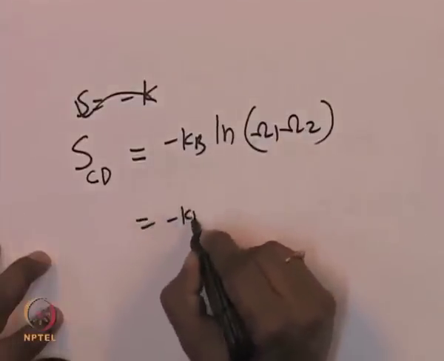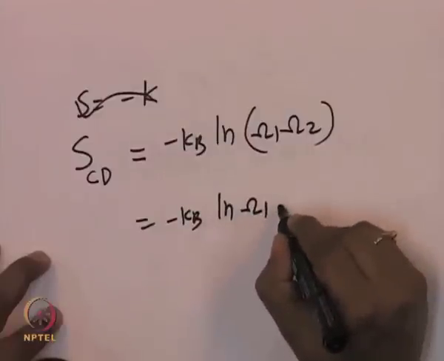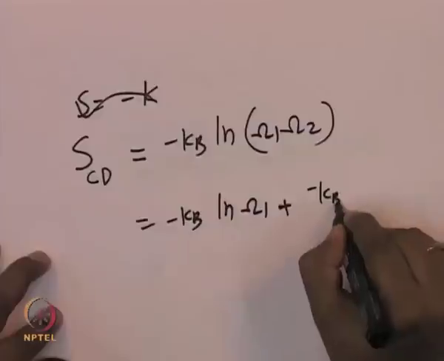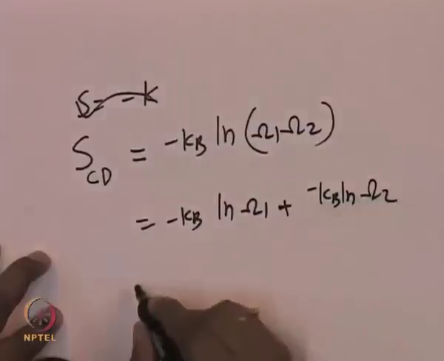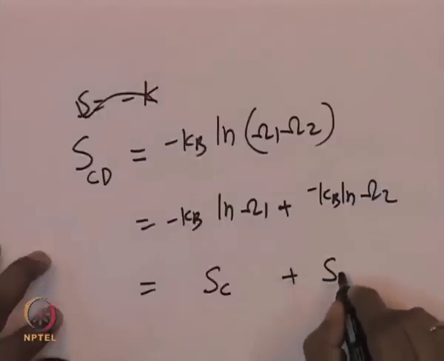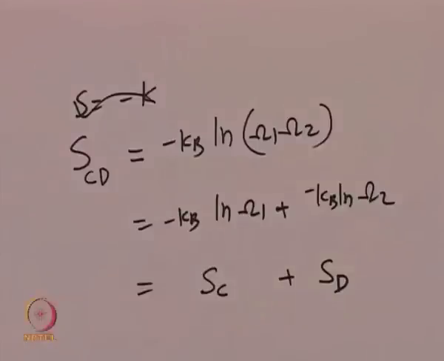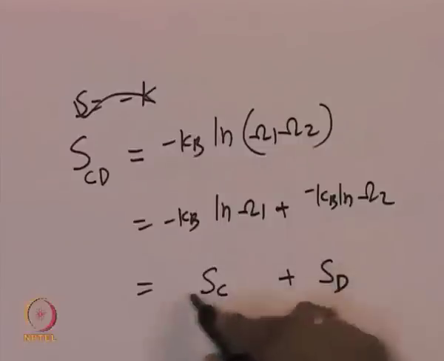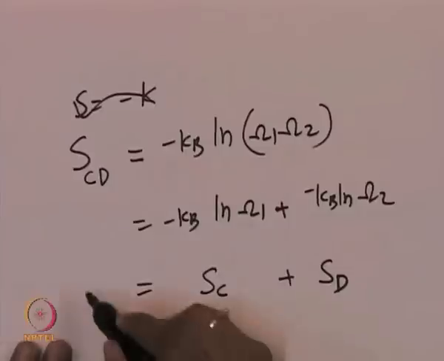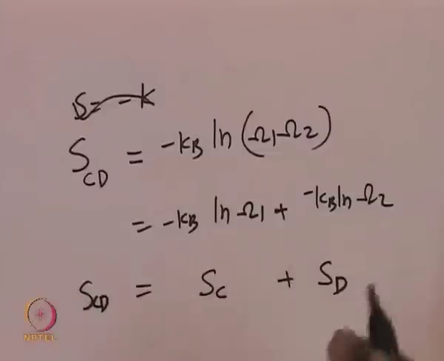So, this is kB log Ω1 plus kB log Ω2. This is basically the entropy of the coin plus the entropy of the die. Throwing a die has some particular entropy, and the sum of these two gives you the combined entropy.